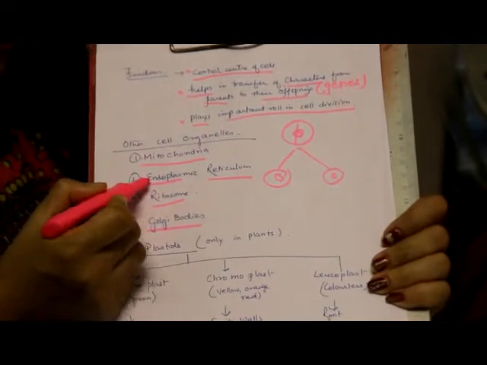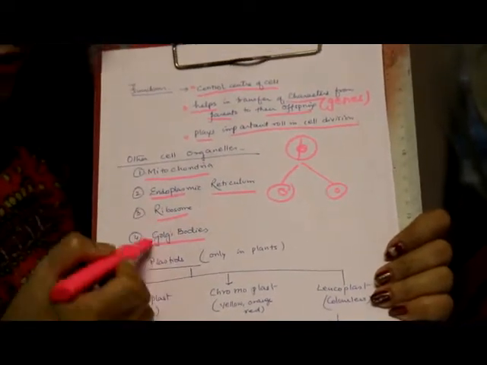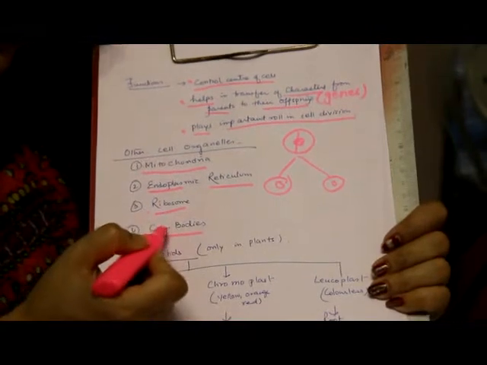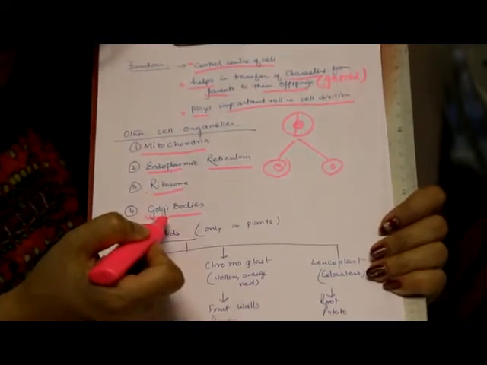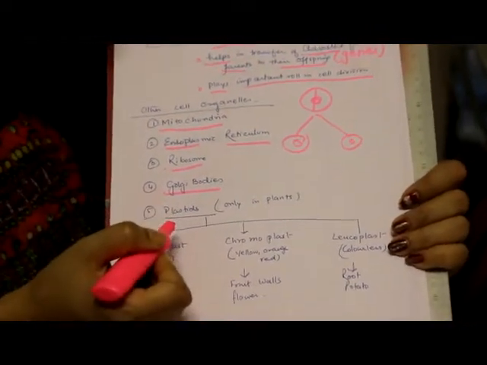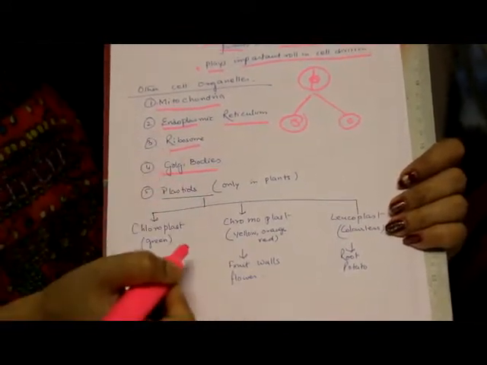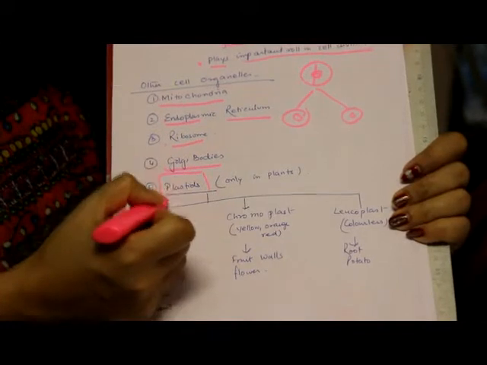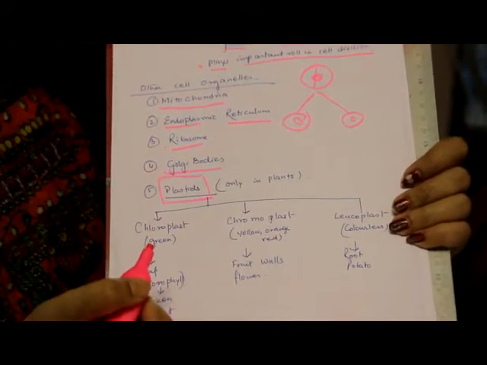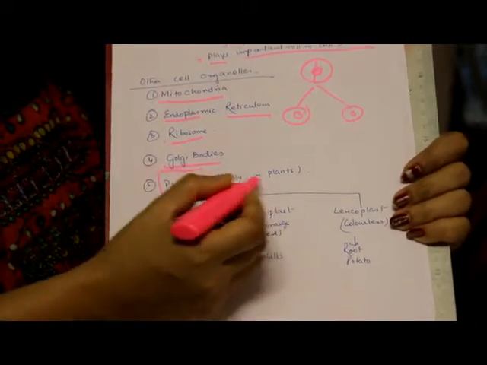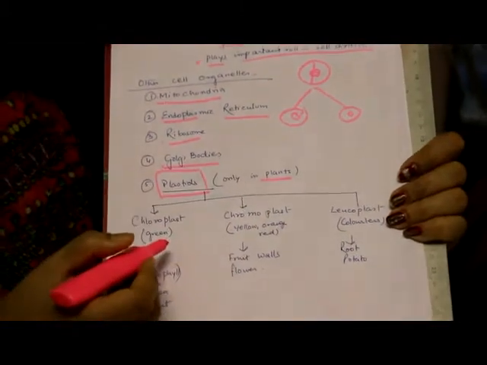Mitochondria, endoplasmic reticulum, ribosome, Golgi bodies are all present in plant and animal cells, but some organelles are mainly present in the plant cell and not found in the animal cell, and one of those is plastid. They are present only in the plant cell.